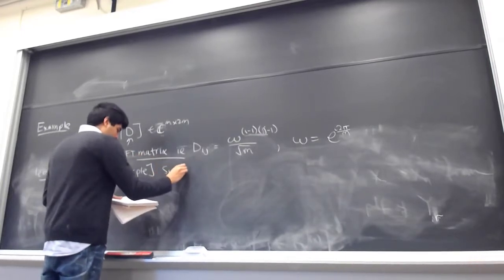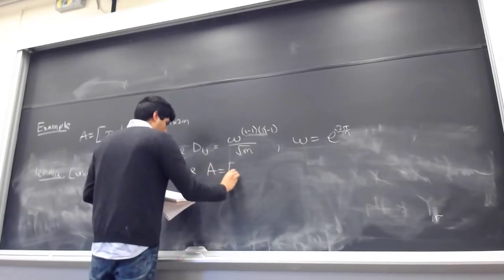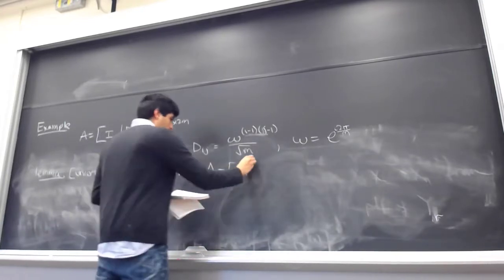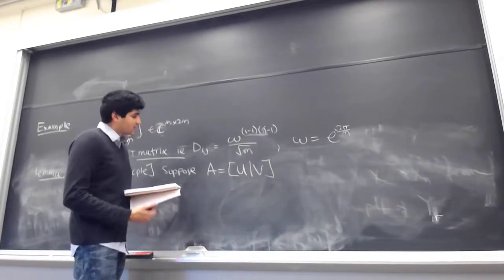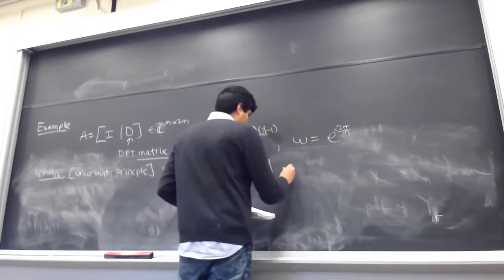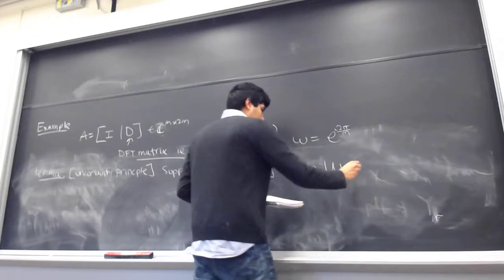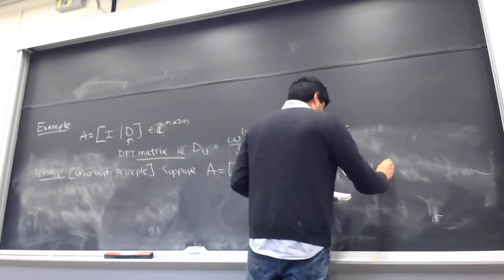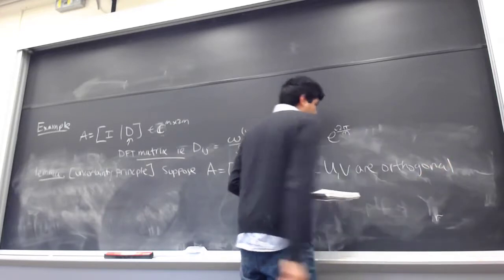We're going to suppose that some dictionary is the concatenation of two different bases, where U and V are orthogonal.